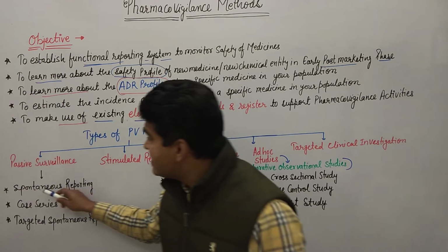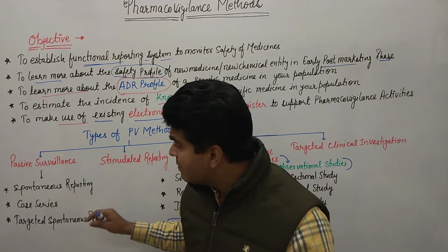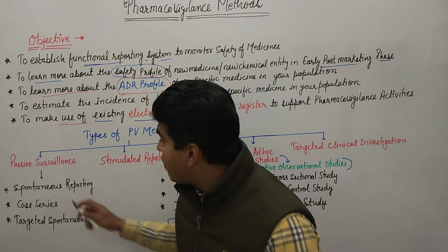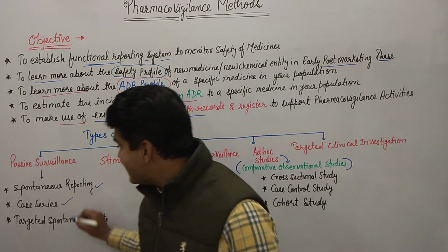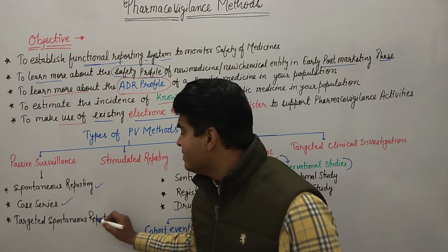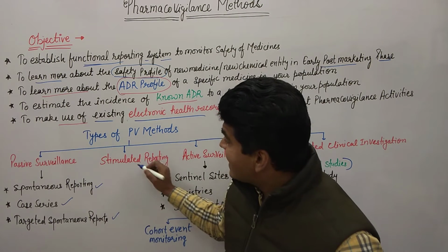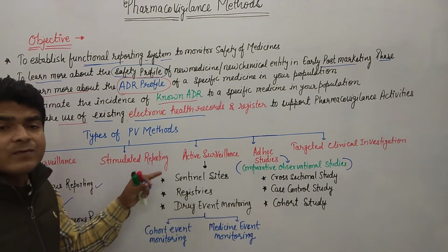The first one is passive surveillance, and some studies come under this category. The first one is spontaneous reporting, the second is case series, and the third is targeted spontaneous reports. Clear everyone? Then the second one is stimulated reporting, and the third one is active surveillance.